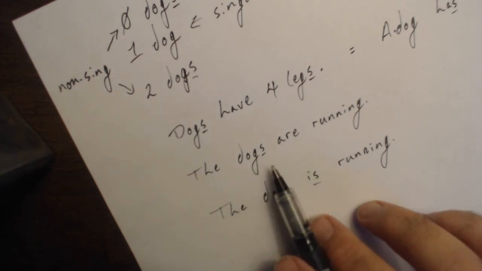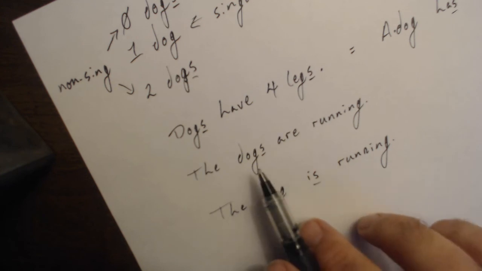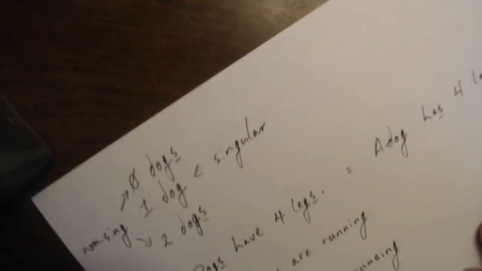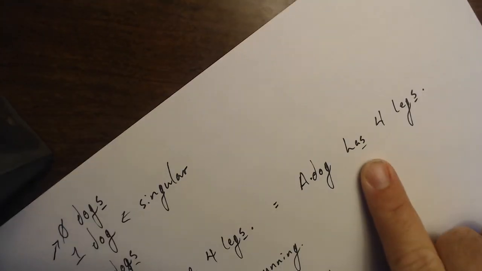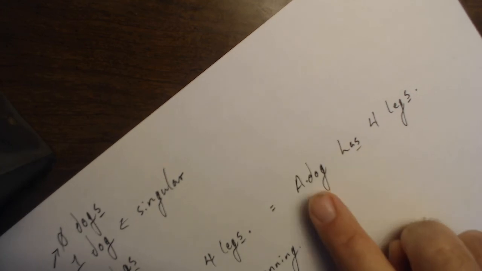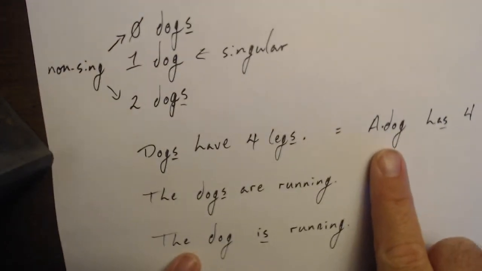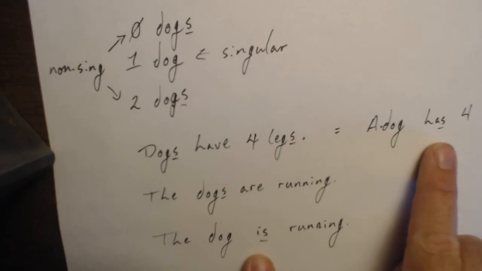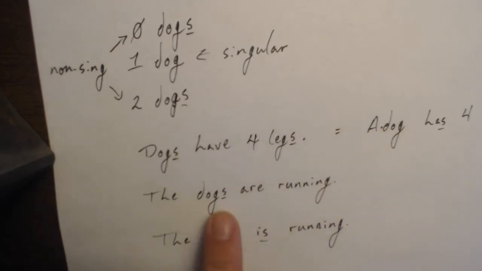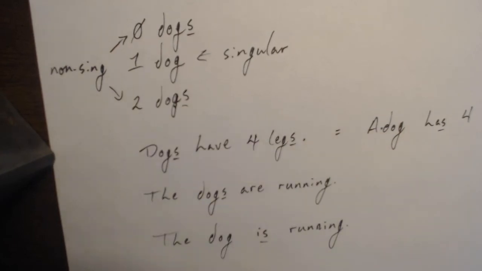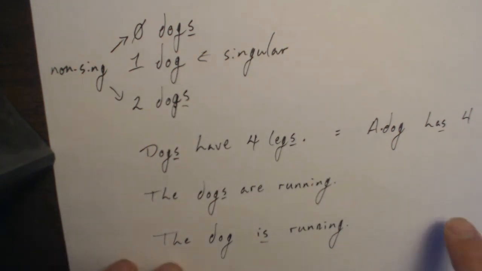So why assume that this S with a singular subject noun, both of these guys, why assume that this S is different when it could be the same thing? Could be the same thing. So let's just assume that it is.